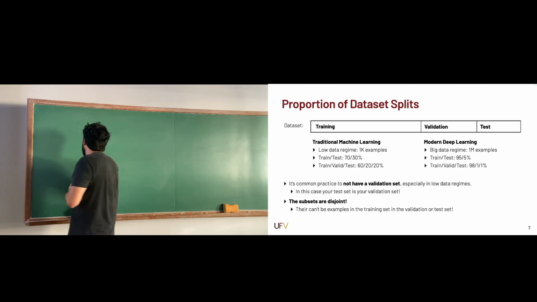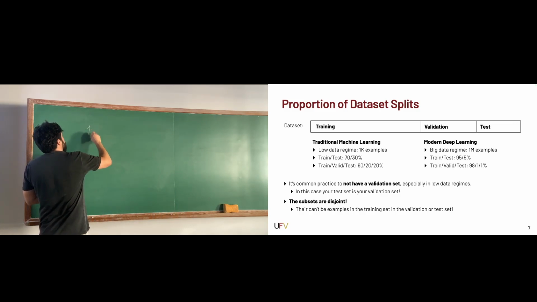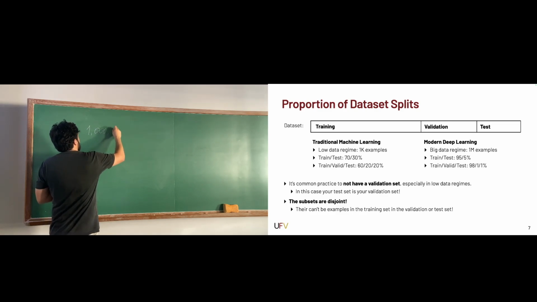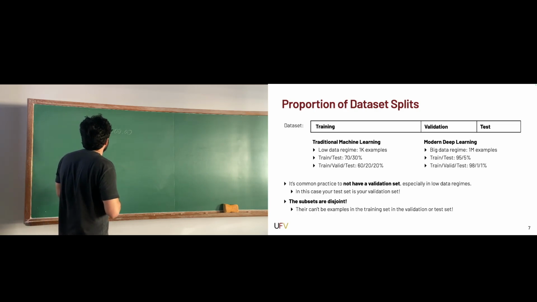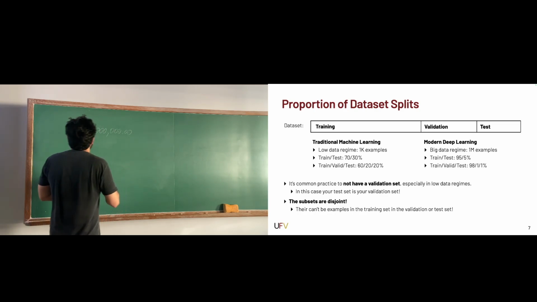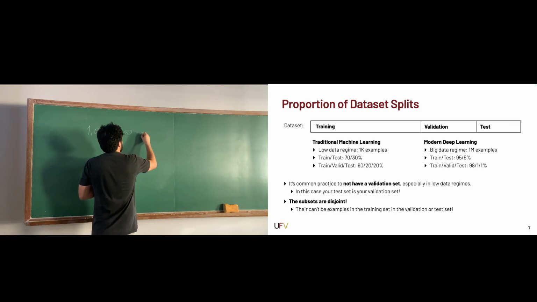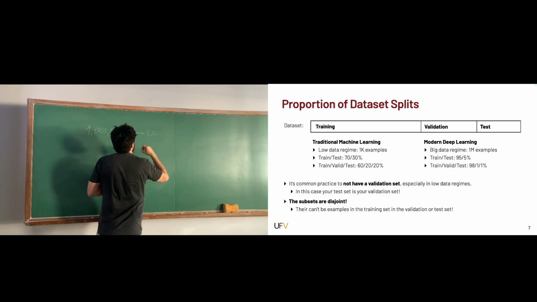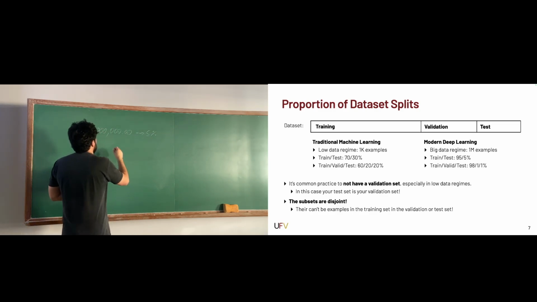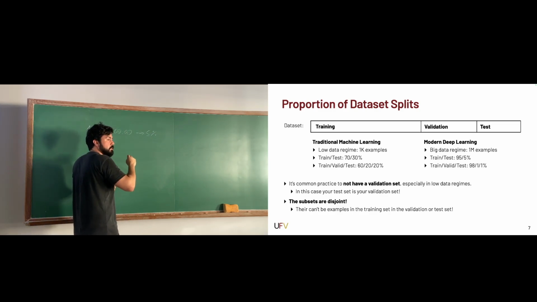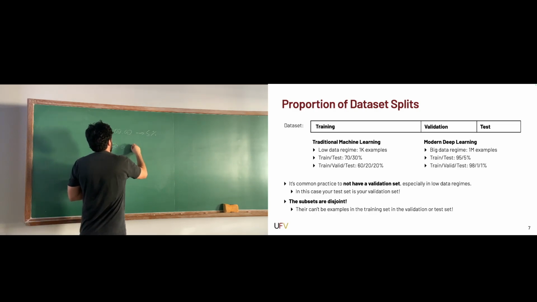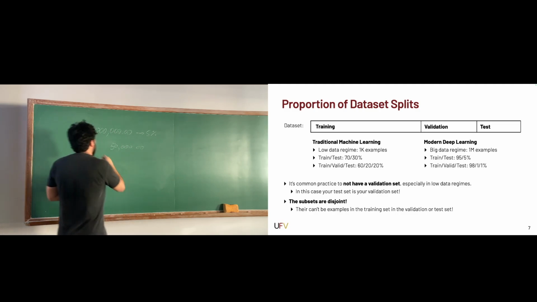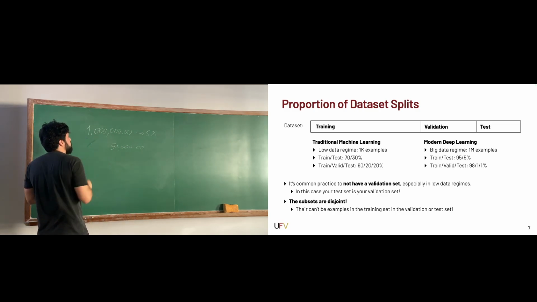Because if you had, let's say, 1 million examples in your data set, right? If you pick 5% of this, how much is that? 50,000. Right?